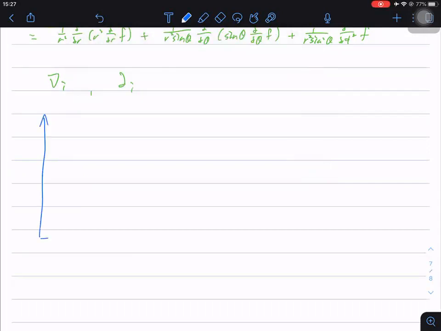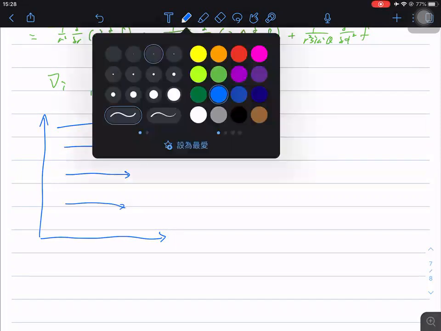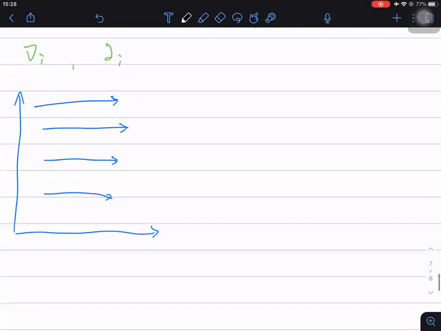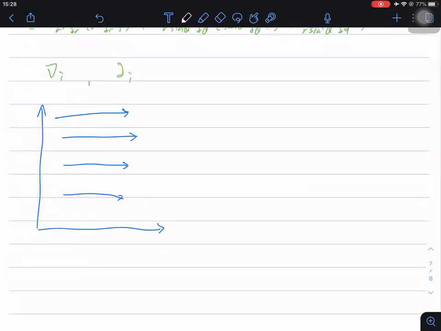Let's consider again in spherical polar coordinate, let's say a constant vector field. Okay, for constant vector field, well, you can imagine that taking derivative of a constant field should equal 0, right?